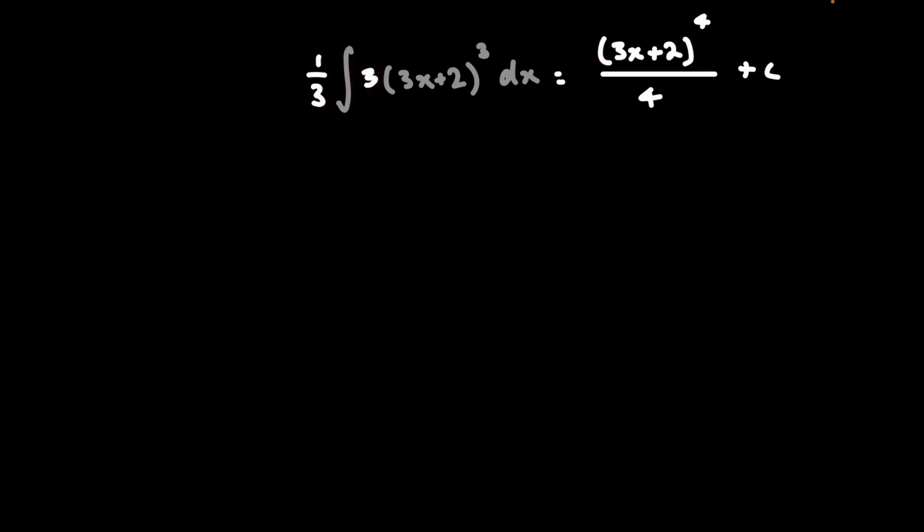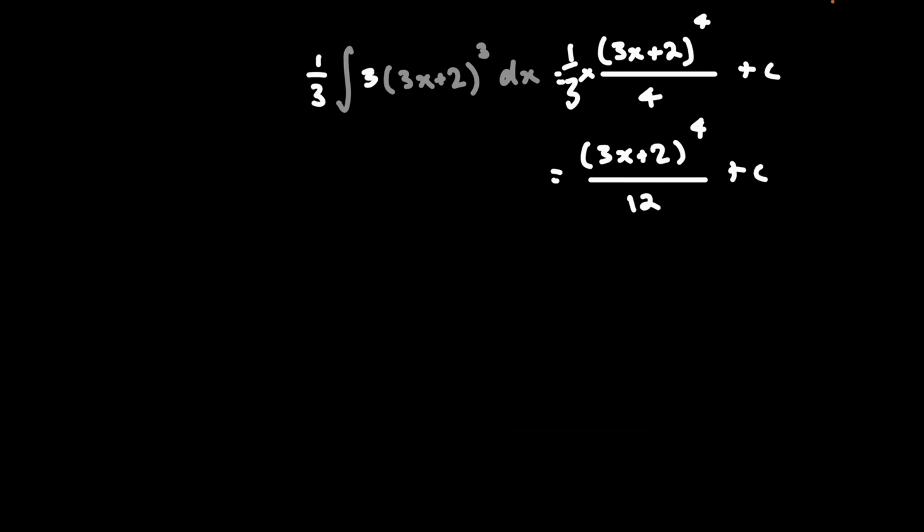That's because the 3 that we introduced had to be here in order to integrate and solve this, but our final integral was multiplied by a third. So don't forget, you must also multiply this entire integral by 1 over 3. So our final answer will simply become (3x + 2) to the power of 4, divided by 12, + c.